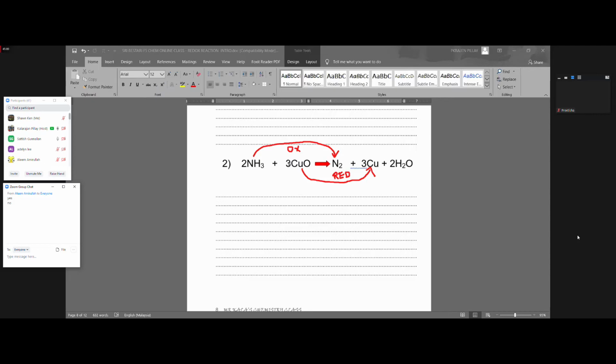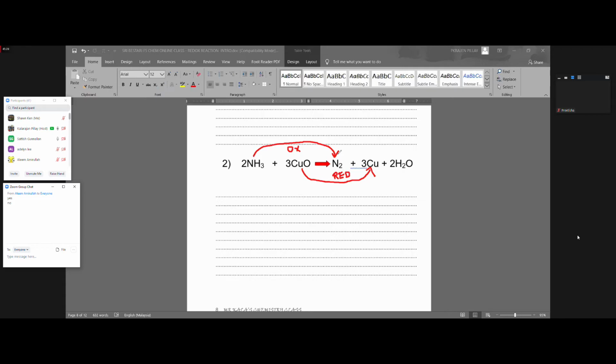Ammonia acts as a reducing agent. No, before that, this one first. Copper 2 oxide loses oxygen. Copper 2 oxide is reduced to copper, isn't it, because it loses oxygen. I repeat again. Number 2 will be ammonia is oxidized to nitrogen.